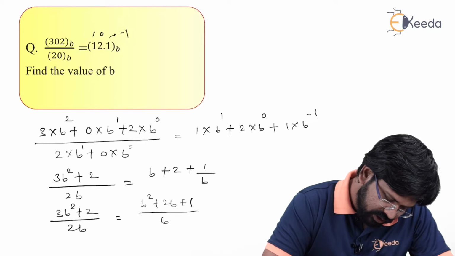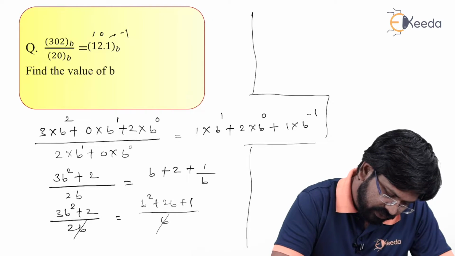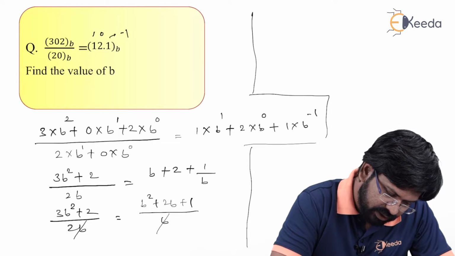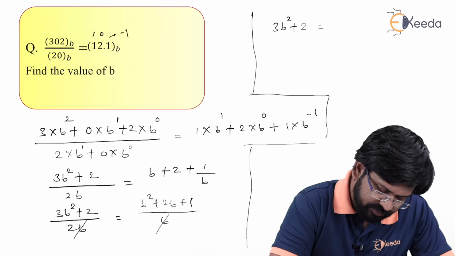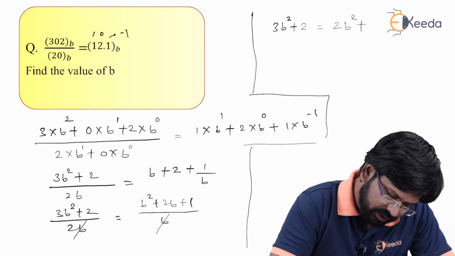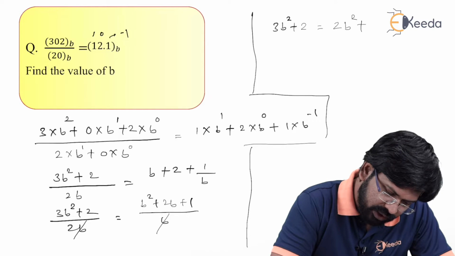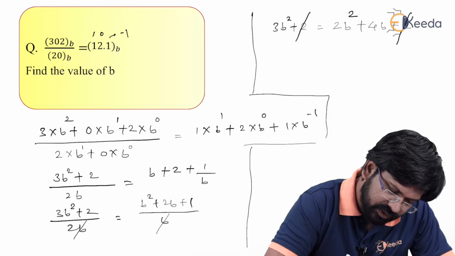So as you can see, your b gets cancelled. Further if you solve, this would be 3b square plus 2, which will be equal to, you can shift the denominator 2 to right hand side, ultimately it becomes twice of b square plus 4b plus 2. Am I right? As you can see here, 2 gets cancelled.